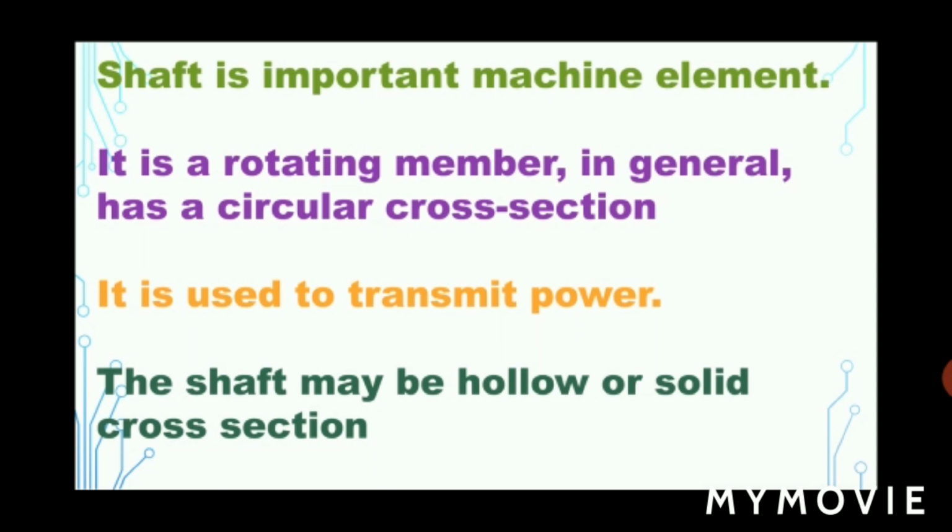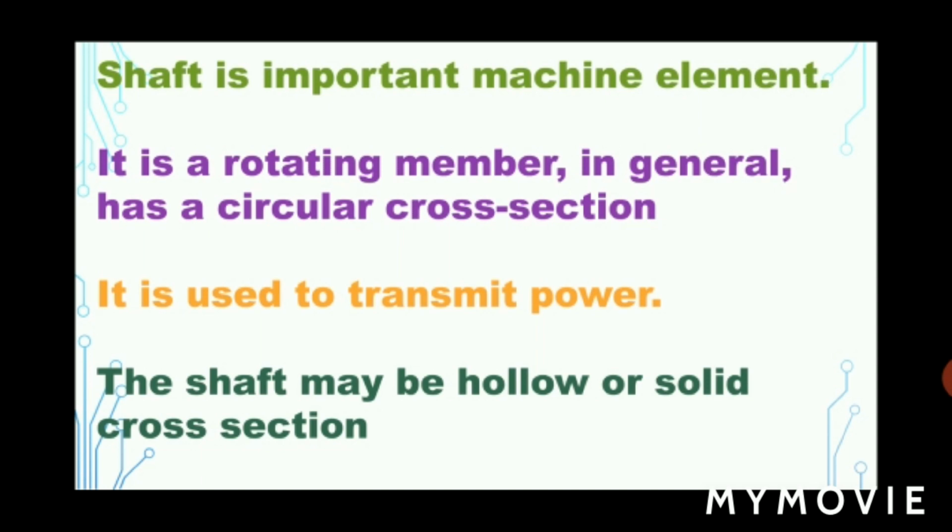So what is the chapter? In strength of materials you have torsion. Whenever you have a circular or rotating member, you are supposed to have torque transmission.